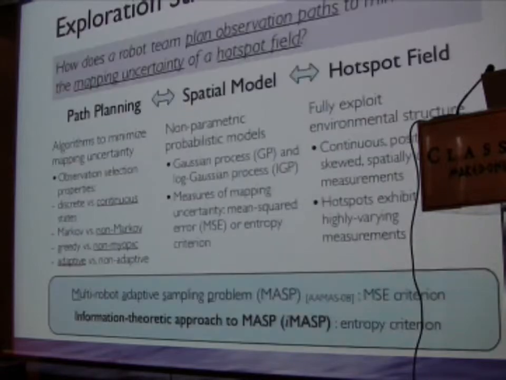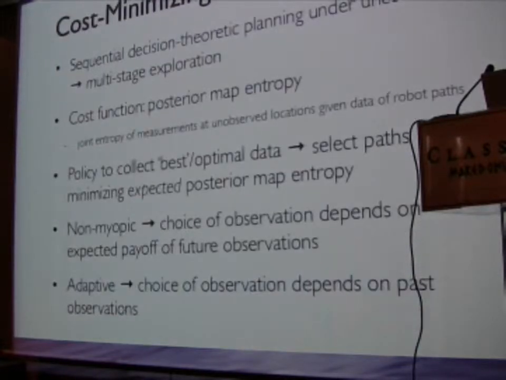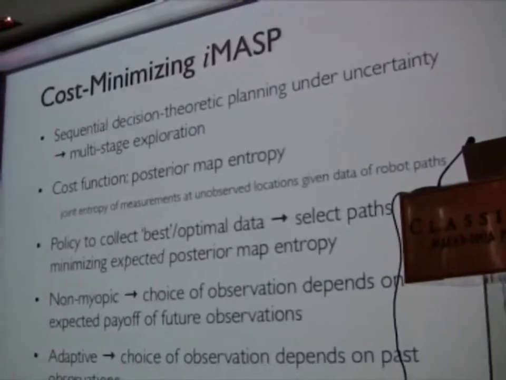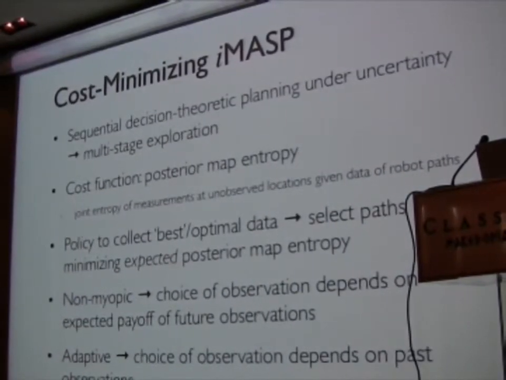So let me talk a bit more about the planning part of my work before I go on to the modeling and how I do planning on the model. I will talk about the information-theoretic MASP, which I call IMASP.